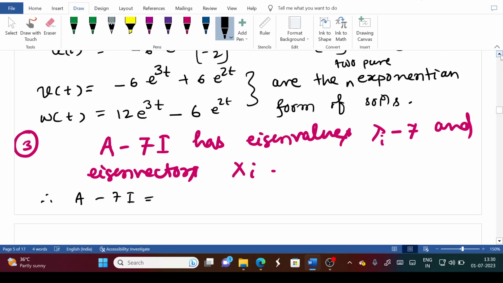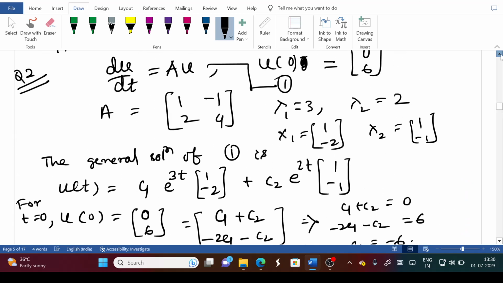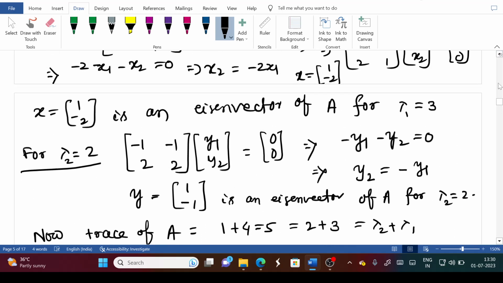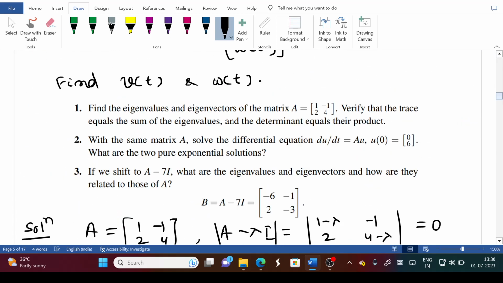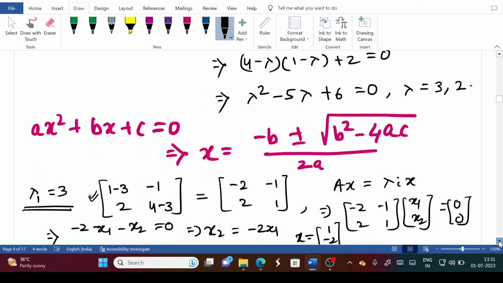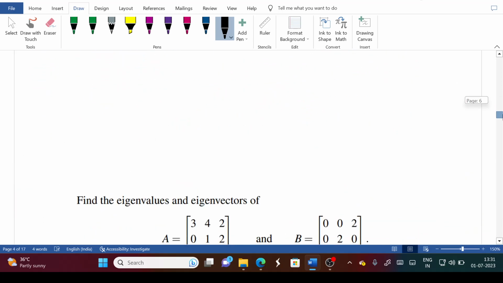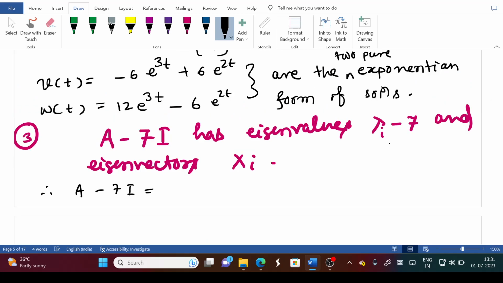Let us verify the question. Okay, the matrix A - 7I, with entries -6 - 7 and 2 - 3 has eigenvalues lambda_i - 7.